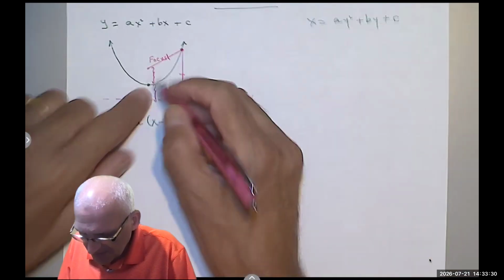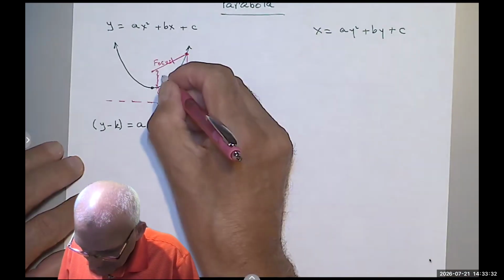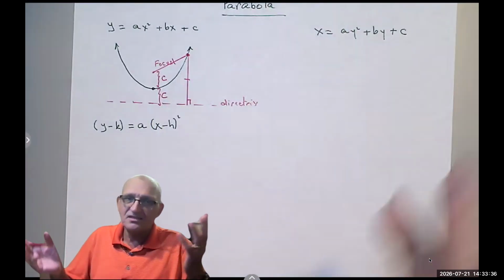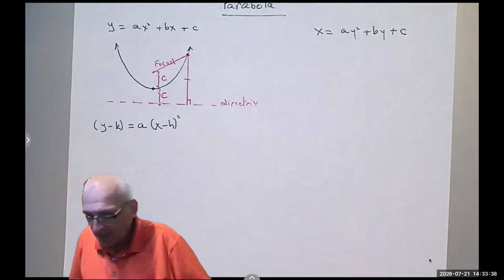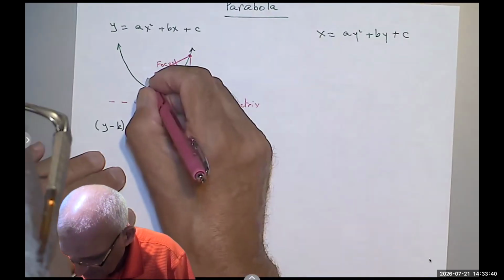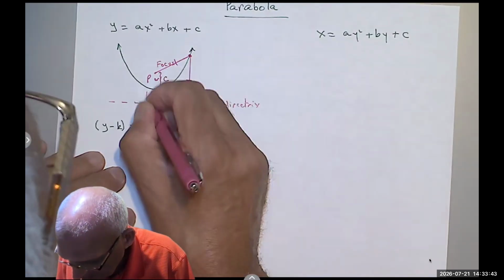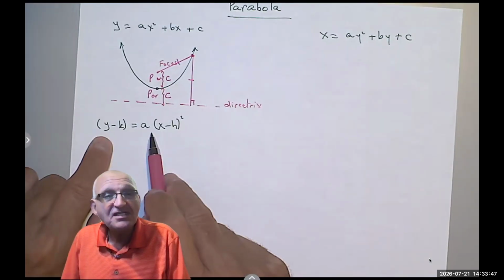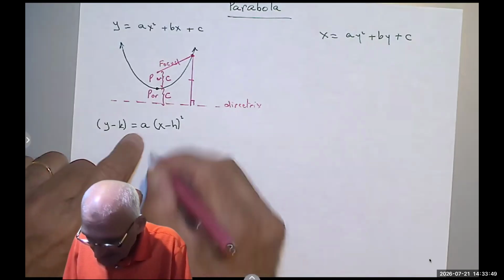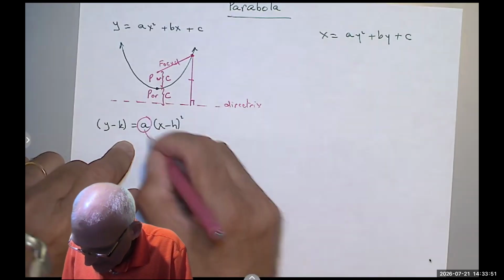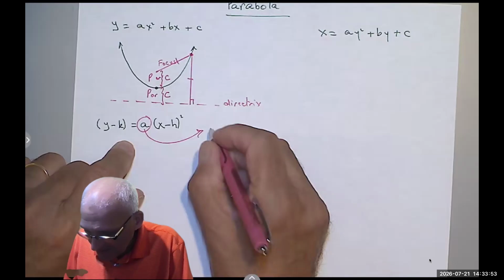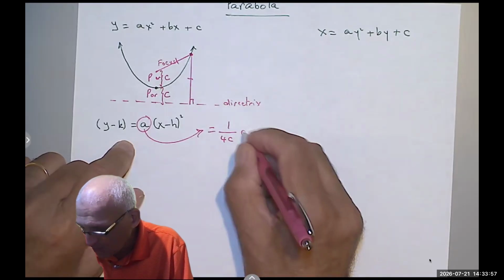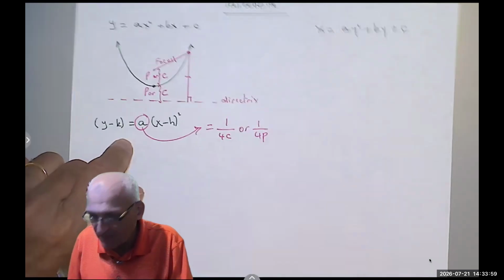So we call this c. Some textbooks call it p. It's really just nomenclature, p or c. When I write the equation in this form, this number a equals 1 over 4c, or 1 over 4p if your textbook says p.